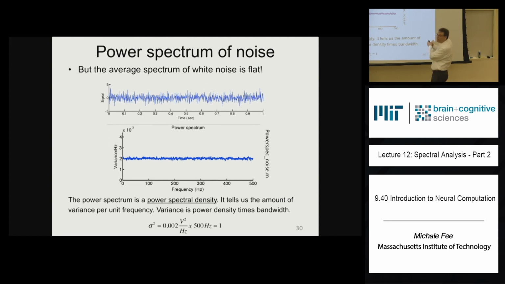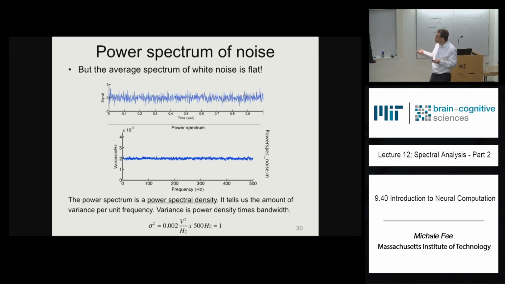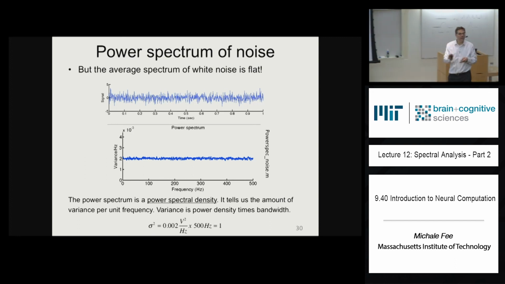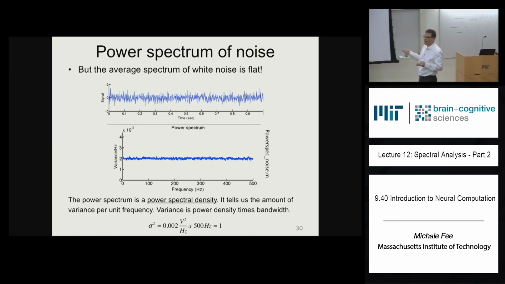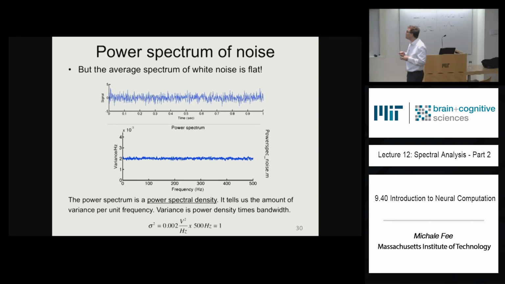And we started with a Gaussian noise that has variance 1. And when we calculate the power spectrum of that, we can correctly read out from the power spectrum how much variance there is per unit frequency in the signal, okay? All right, it's kind of a subtle point. I actually don't expect you to know this. I just wanted you to see it and hear it so you know formally what it is that you're looking at when you look at a spectral estimate of a noisy signal.